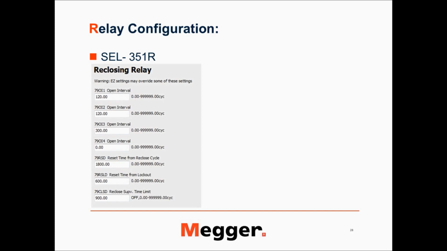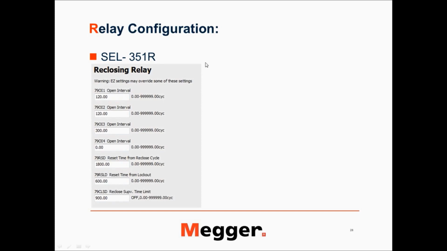So I talked to you about the settings of the relay. In a typical case, I have chosen the SEL 351R. I'm guessing most probably the Cooper relays and other auto reclosure relays will also have the same settings in there. So first of all, you need to make sure that the element is enabled.